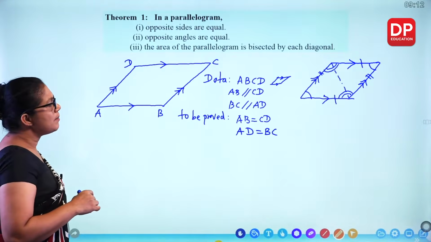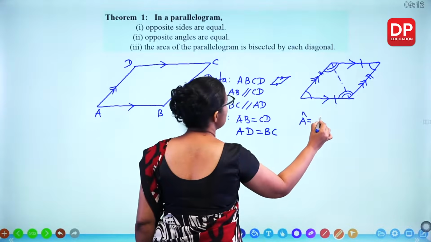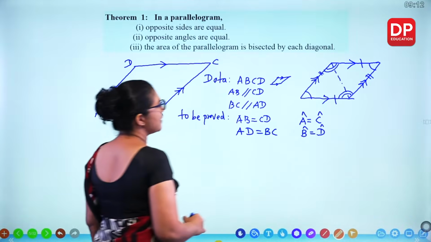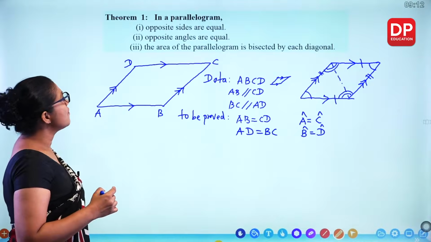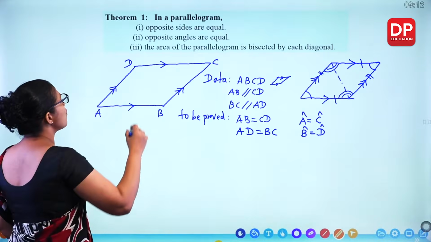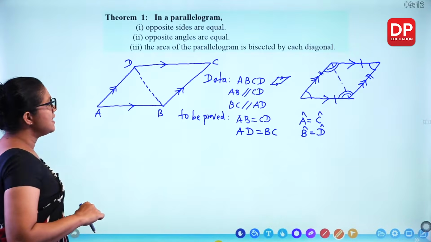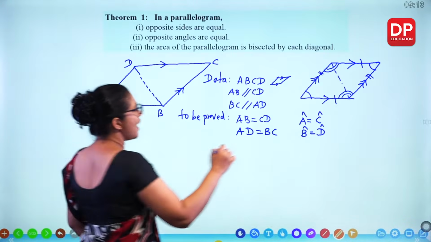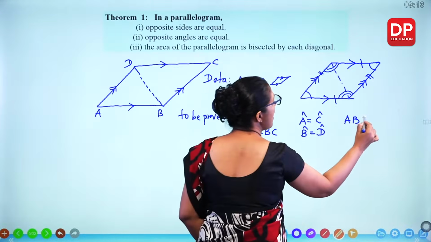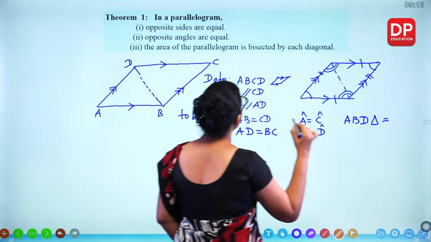Opposite angles are equal means we need to prove that angle A is equal to angle C and angle B is equal to angle D. And the third one, the area of the parallelogram is bisected by each diagonal means if you construct a line BD, you have to show that triangle ABD area is equal to triangle BCD.